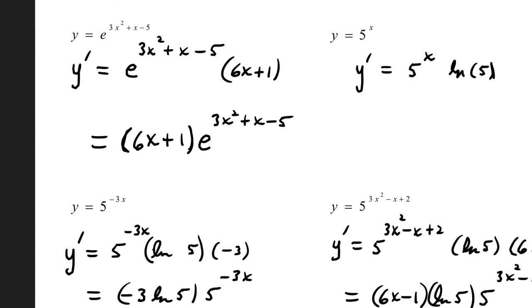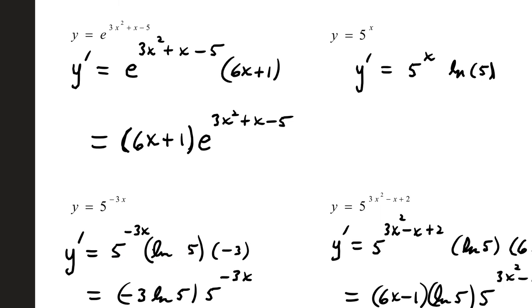Let's look at the example at the bottom left. We still have a base number of 5, but we've changed our power up. Now that would be the right side bottom formula in your formulas. So we're going to make a copy, that's 5 to the negative 3x times the natural log of the base. That's the same.